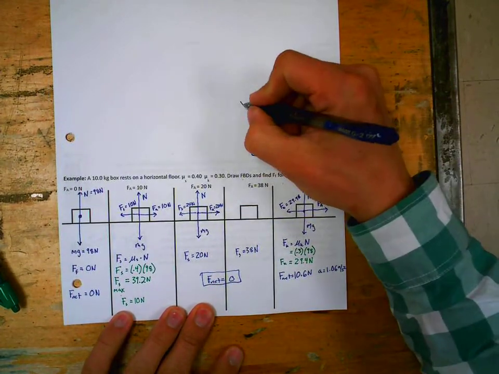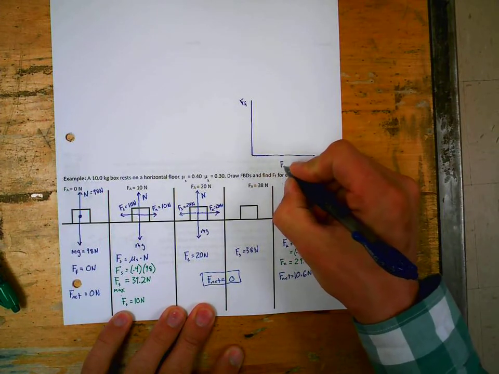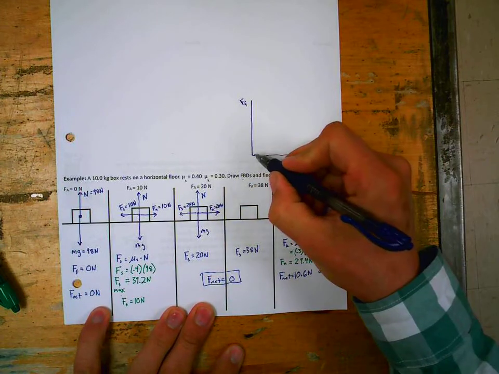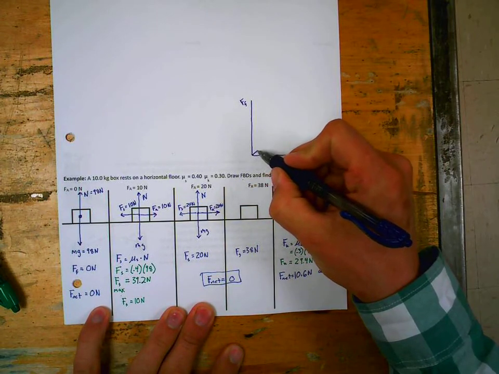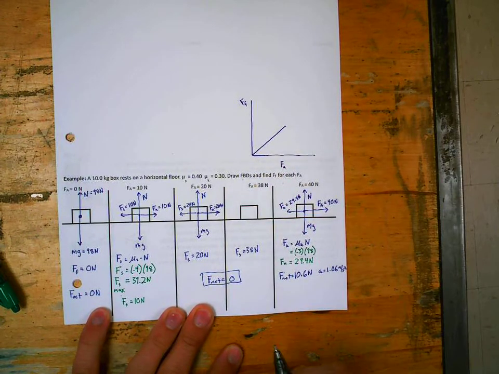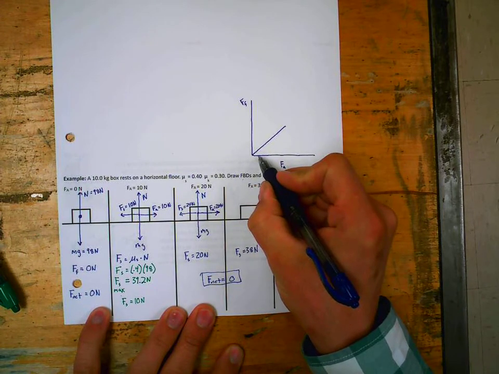Okay, so over here's force of friction. Over here's force applied. And for a while, those are just going to match each other. Okay? In other words, 1 Newton, 1 Newton.